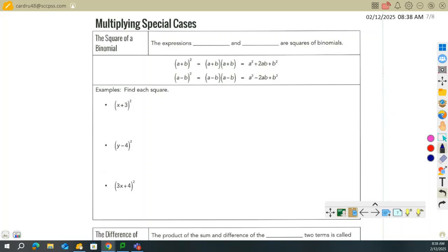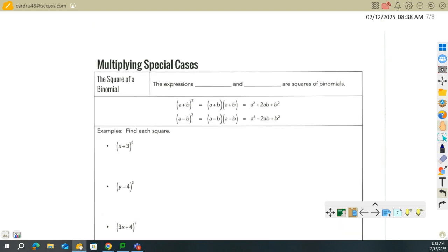Now that you have completed the investigation of multiplying special cases, we are going to get some notes down about them. The first one we have is the square of a binomial. That's when we are taking an expression like a plus b and squaring that, or a minus b and squaring that.